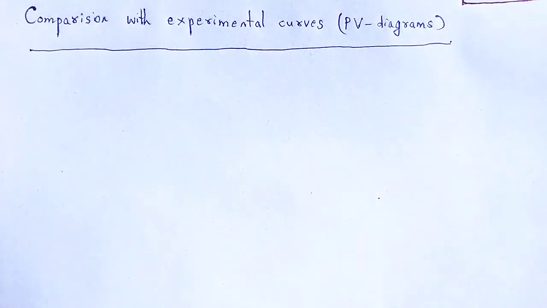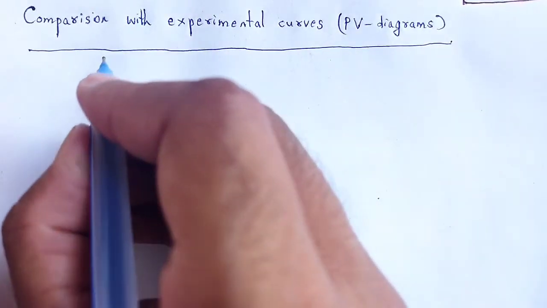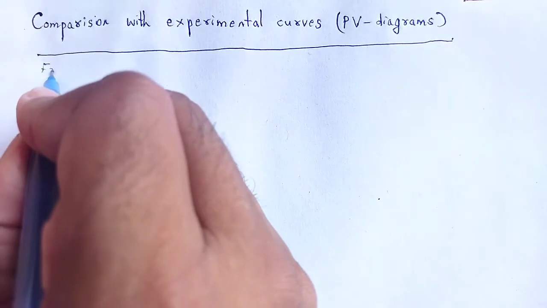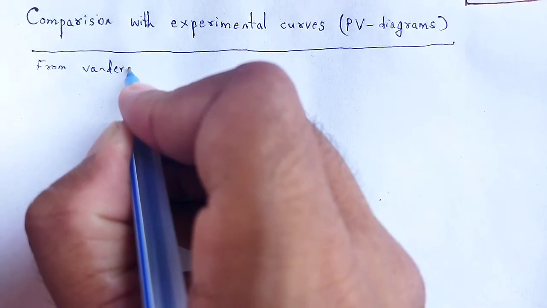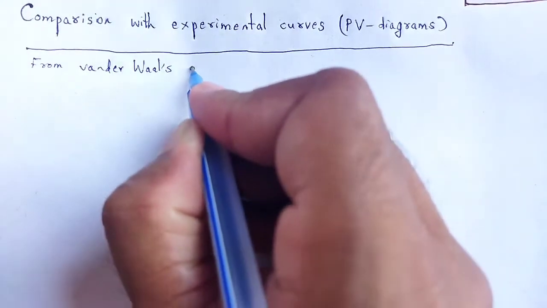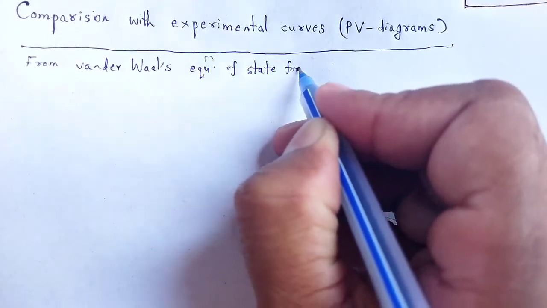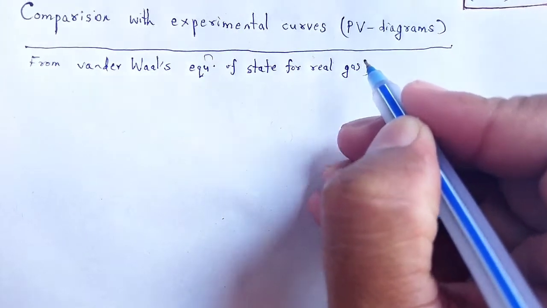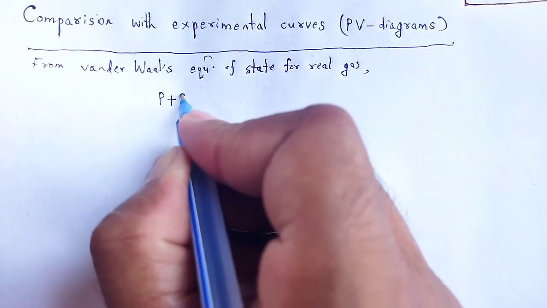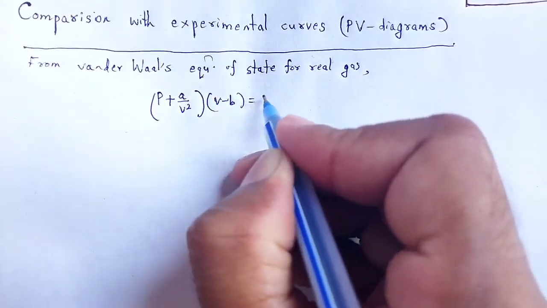From the Van der Waals equation of state for real gas, P plus a by V square whole into V minus b is equal to RT.